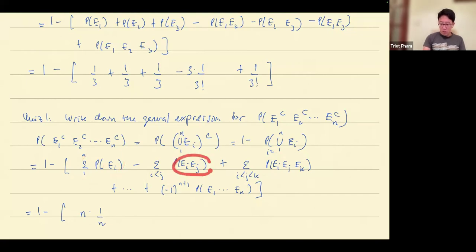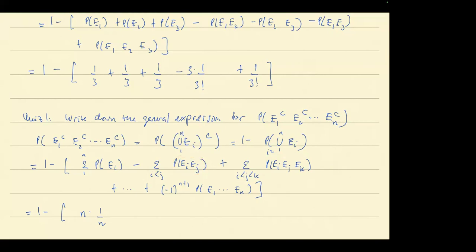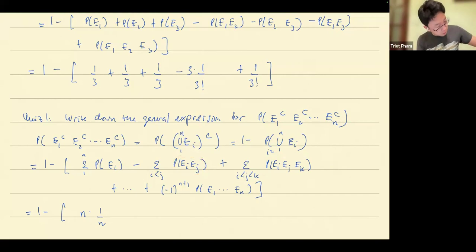Now let's continue to here. What would P of E_i E_j be? What is this expression? Are we assuming they're independent? That's a good question.